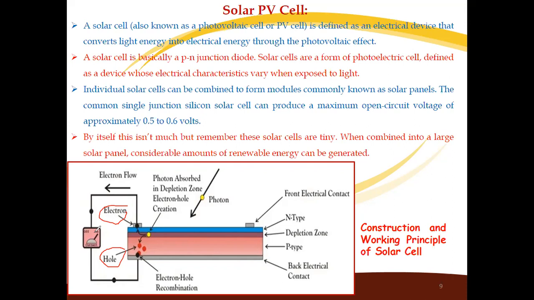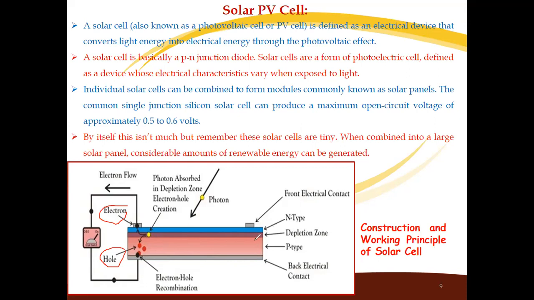So mainly a solar cell is a basic PN junction diode. The construction is a little bit different from your PN junction diode.